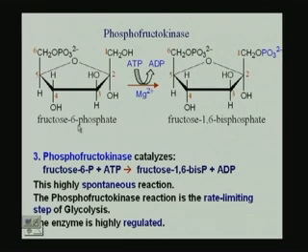That's it. Okay. So, you have fructose 6 phosphate going to fructose 1,6 bisphosphate, and this process is actually highly spontaneous, and this phosphofructokinase reaction is the rate limiting step of glycolysis.